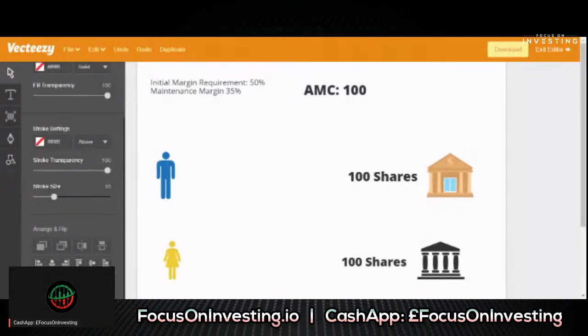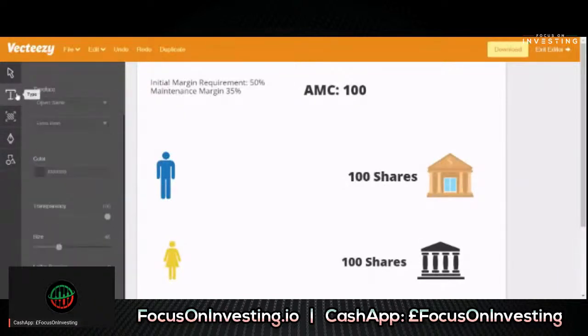Is that clear? There's only 100 shares, yet there are 200 shorts. So if this 100 shares cancels out this initial 100 shares, there are still 100 shares of shorts outstanding.